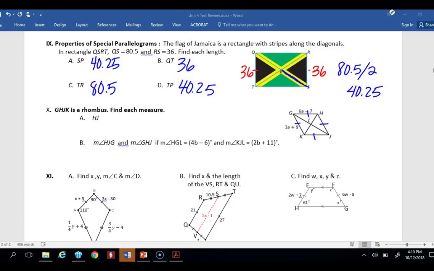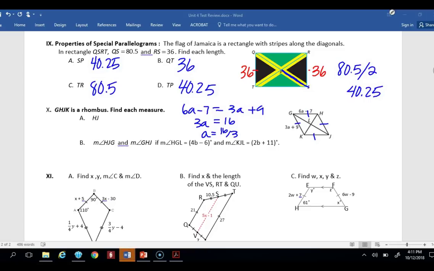Well, to find that, we can set the two sides that we have equal to each other. So we could say 6a minus 7 equals 3a plus 9. Going to subtract 3a from both sides. That gives me 3a over here. Going to add 7 to both sides, and that gives me 16. And then I'm going to divide 16 by 3. So a is equal to 16 over 3.